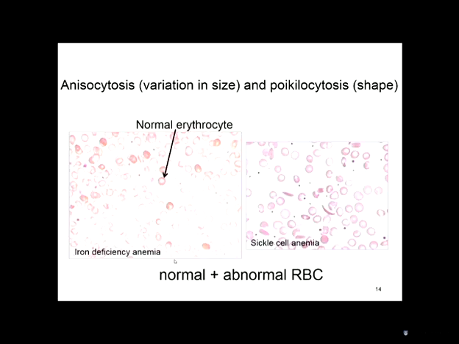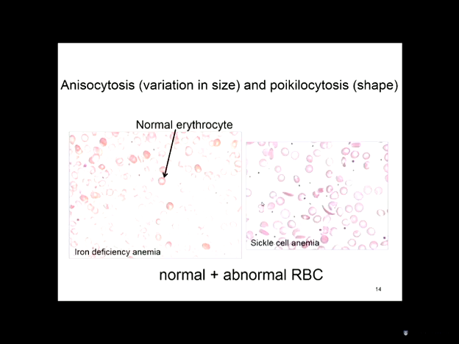And finally, we also see evidence of poikilocytosis, so that you see some cells look, even if this is on its side, it should look biconcave, which it doesn't. So it's not the normal shape. And in a more extreme example, you see variation in shape. Poikilocytosis is in the case of sickle cell anemia, and you can see the sickling here, okay?